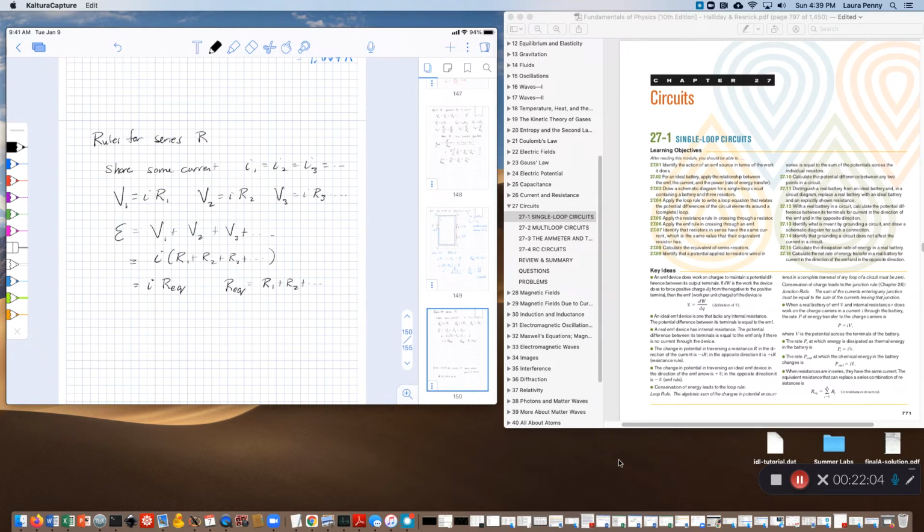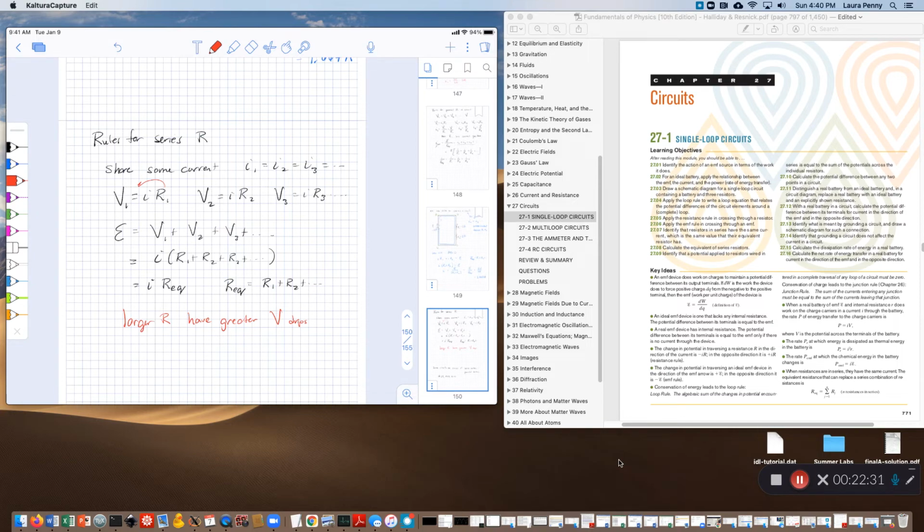And the larger the resistance, the larger the voltage drop there is. So the larger that R is, the more voltage it takes to go. So larger resistors have the greater voltage drops. It takes more voltage to make the current go through those larger resistors.